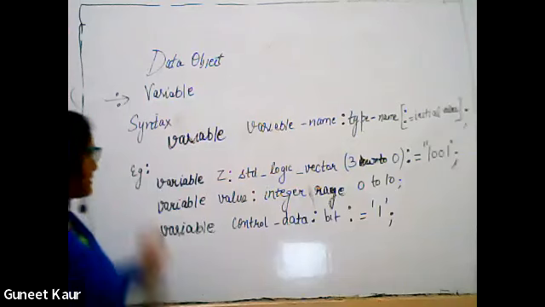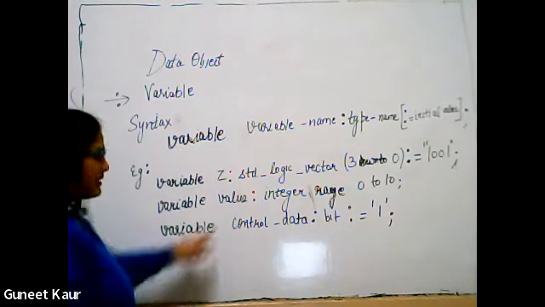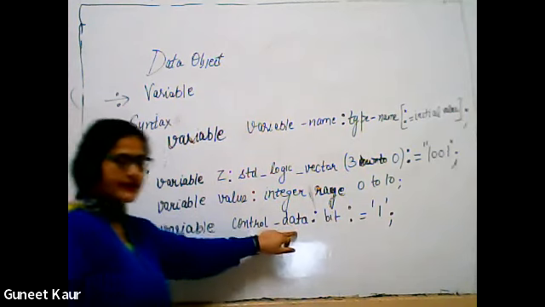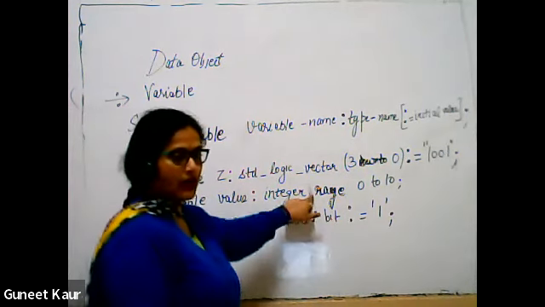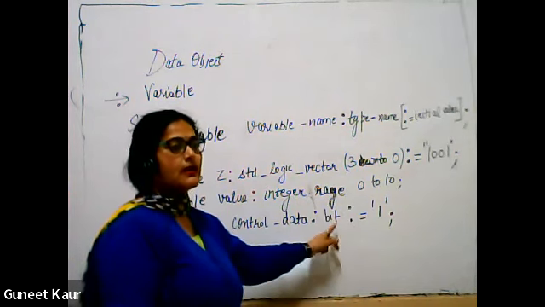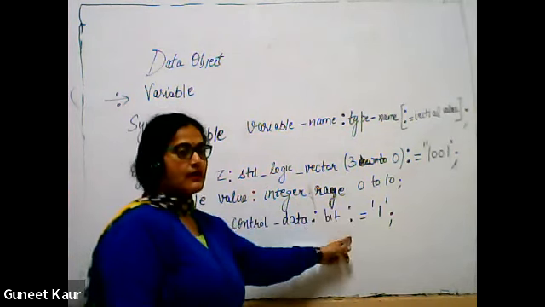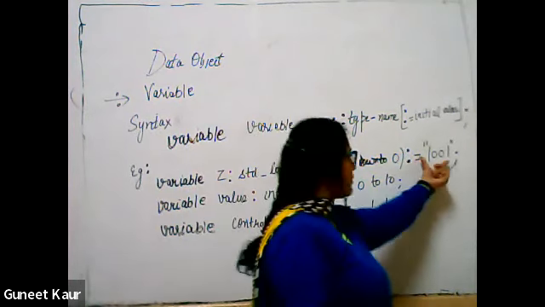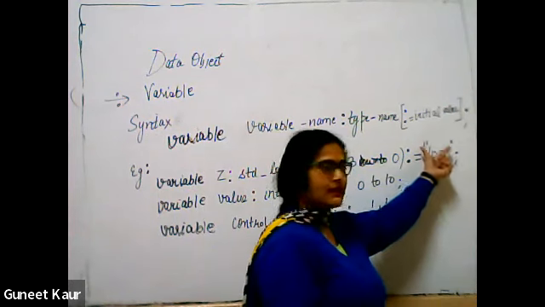Next is the variable keyword. The name of the variable is control_data, colon. The type used for this variable is bit, colon, and then passing the value. If I am passing more than one bit, it should be in double quotes.